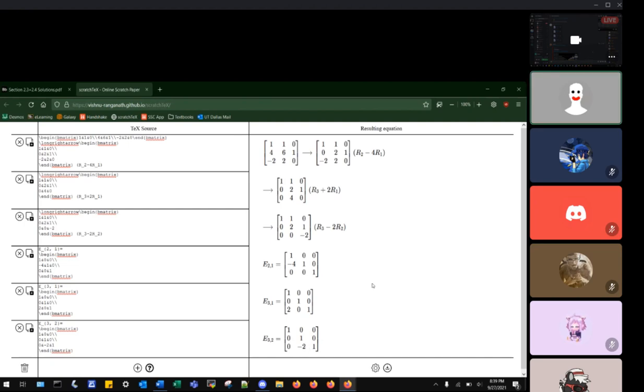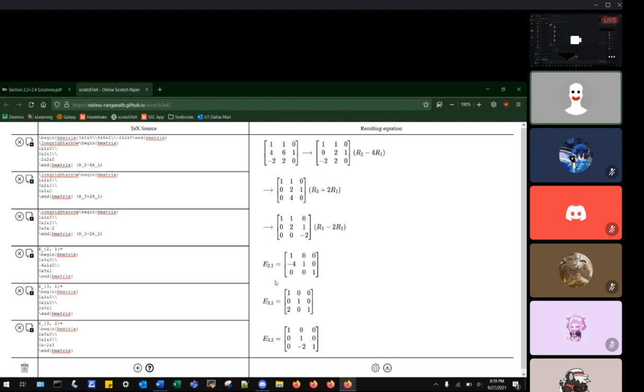And so if you multiply these matrices together, this one times this one times this one, in that order, or not in that order, sorry. Wait, I'm reading this wrong. Okay.